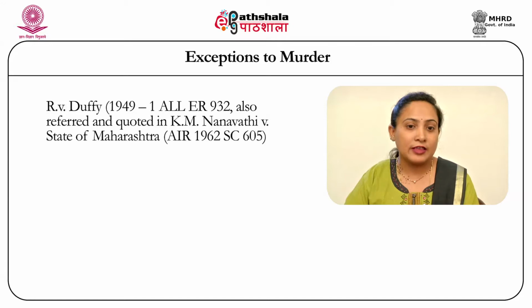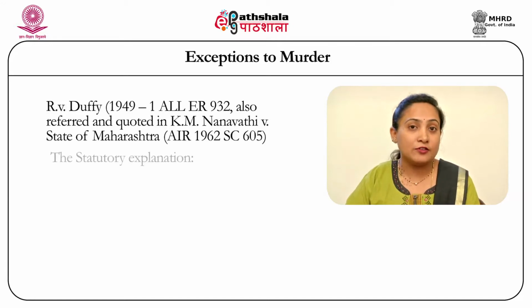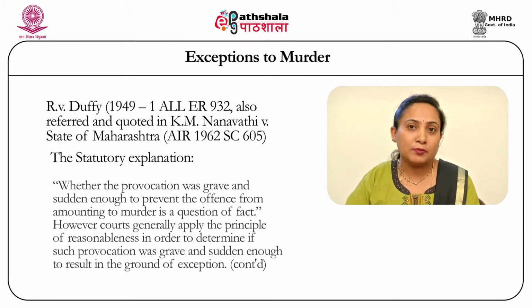In this case, the court also refers to a statutory explanation provided to section 300's first ground of exception. According to this first statutory explanation, I quote, whether the provocation was sudden and grave enough to prevent the offence from amounting to murder is a question of fact.